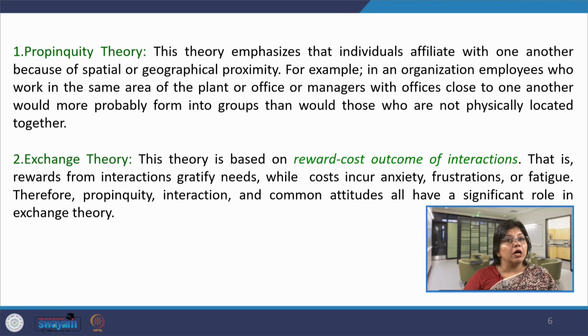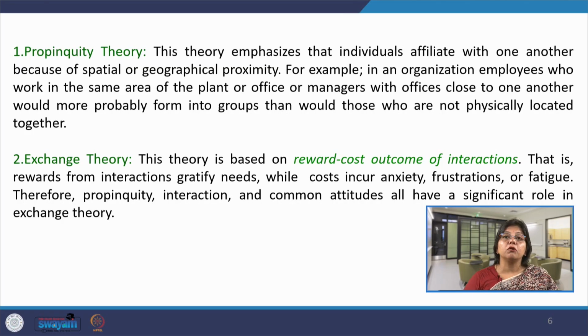Based on interaction, people join groups because people are sitting close to each other and they are very much in sync to interact with each other in a very frequent manner, that leads to satisfying the need to join any group.